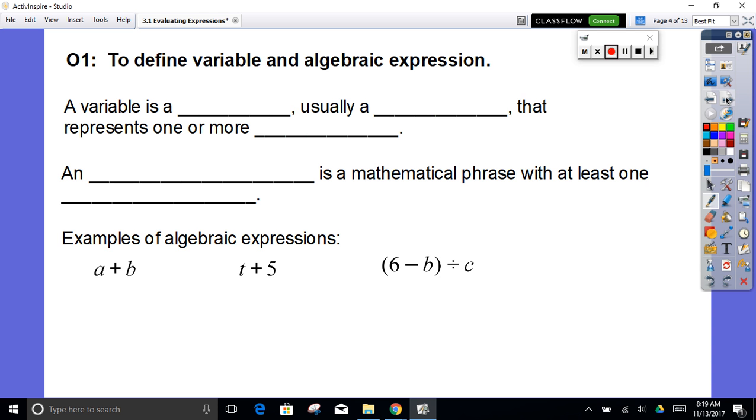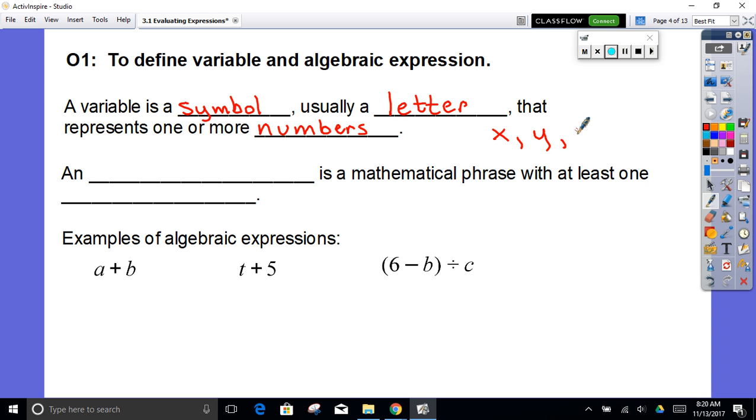A variable is a symbol, usually a letter, that represents 1 or more numbers. Most commonly used variable in algebra is x. The second most commonly used variable is y.